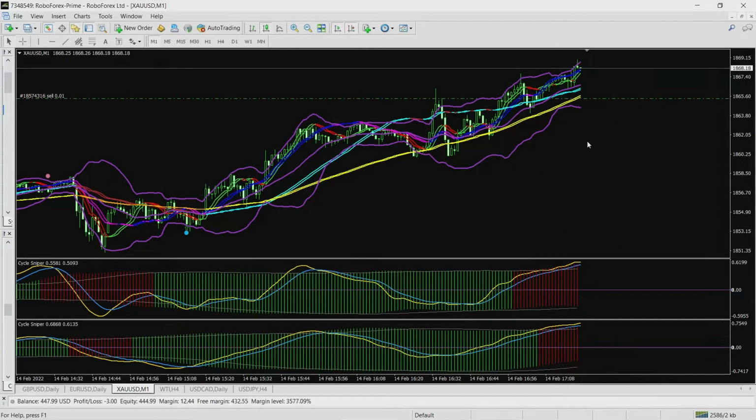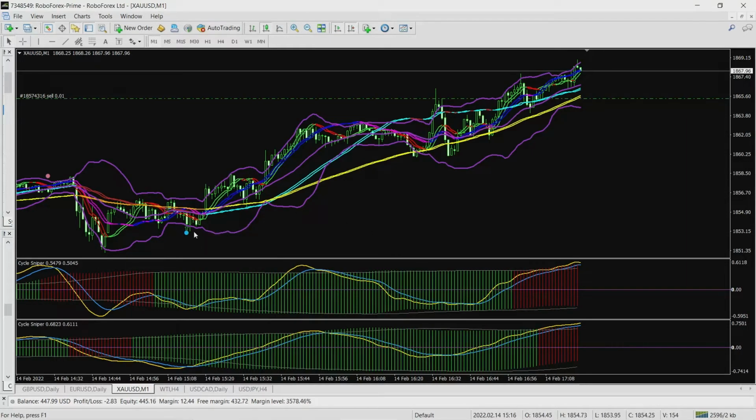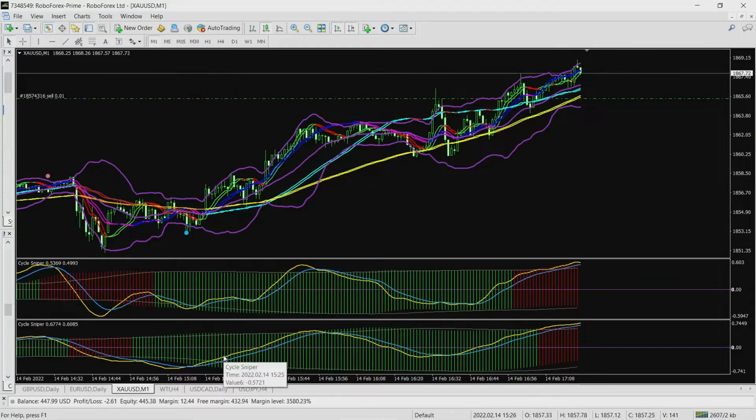Here on the chart, now we are able to see the dots and arrows of the second settings. Okay, first of all, let's try to understand this. So the dots and arrows belong to the set 2, the bigger periods.